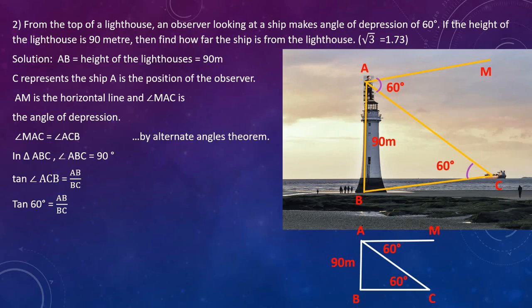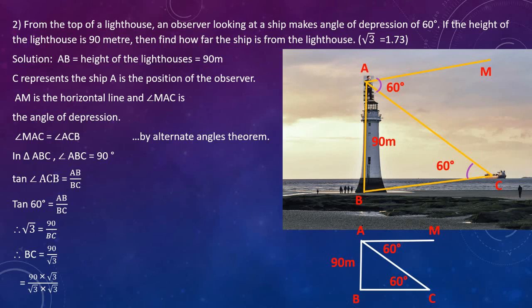Tan 60 degrees we already know from the table is root 3, which is equal to AB, 90, upon BC. Therefore BC is equal to 90 upon root 3. Now let us multiply root 3 in numerator and denominator both.